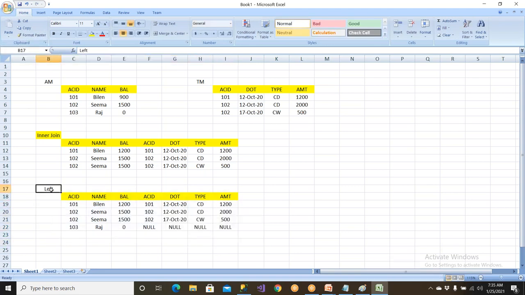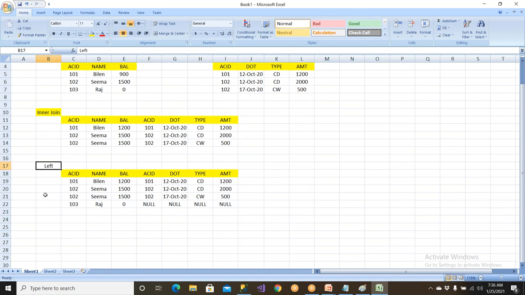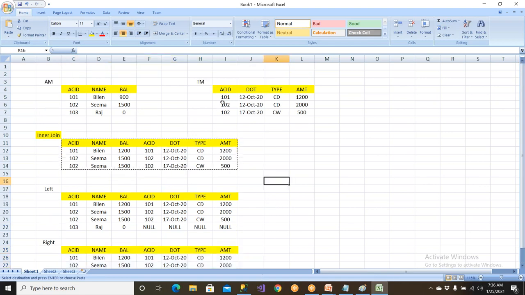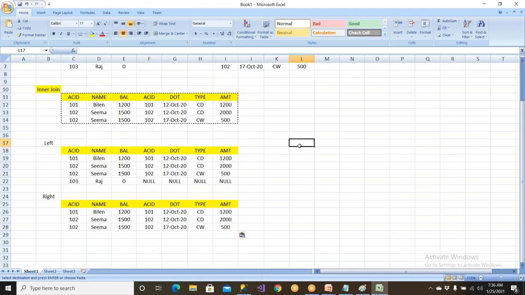If you want a right outer join, let me write right outer join. Now completely matching data will come plus unmatched data from the right table. There is no unmatched data. 101 and 101 is matching, 102 and 102 is matching, 102 and 102 is matching, but there is no extra data here. So in this case, right join is equivalent to inner join, because there is no unmatched data in the right table.